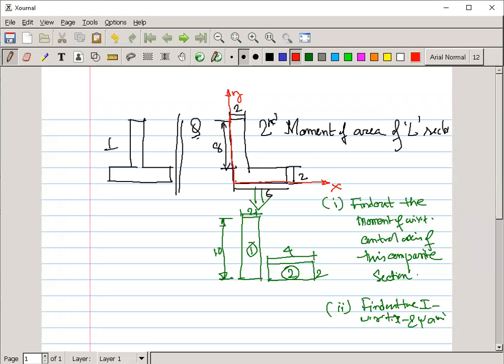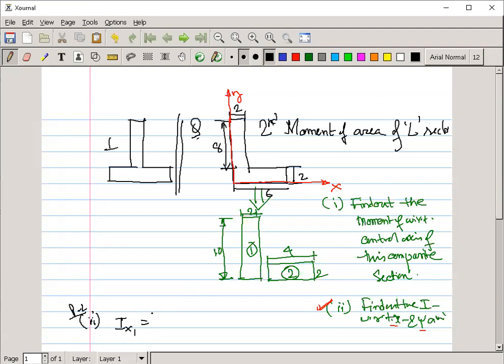Yes, sir. Okay. So to solve this, first let's solve part 2, because in part 2 we only have to put the values in the formula. Because they say with respect to x and y, please find the moment of inertia. So simply put I of x for 1, meaning this one.